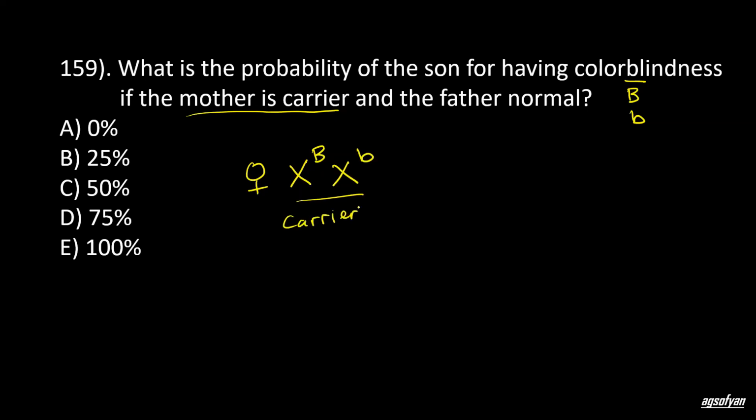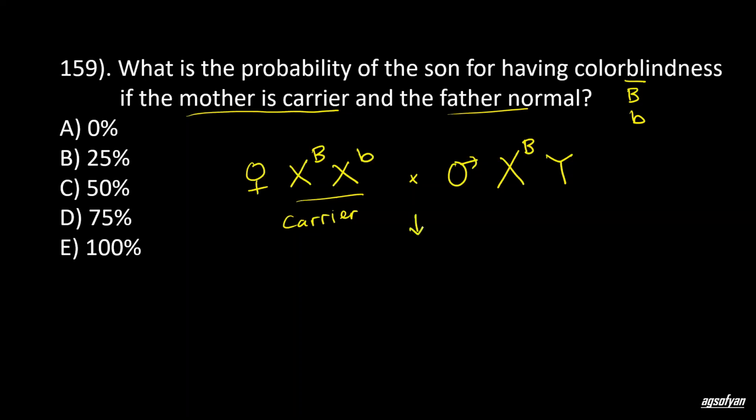It is not color blindness. And the father is normal. So the father only carries 1 X chromosome and 1 Y chromosome. Because he is normal, we can put the capital B on the X.